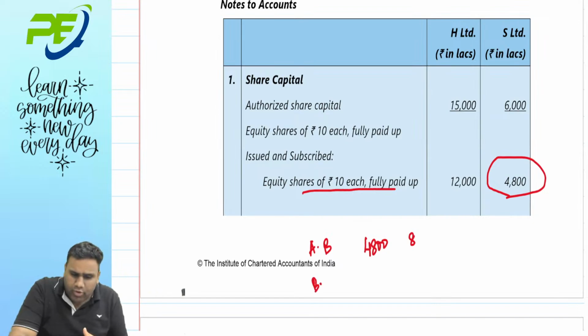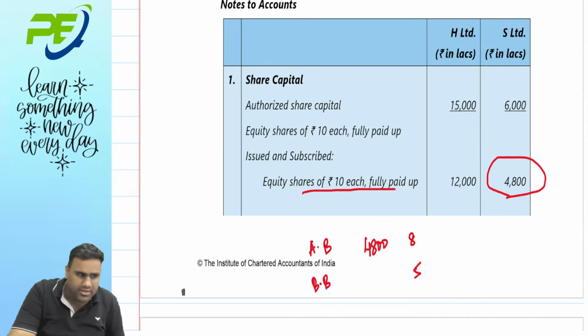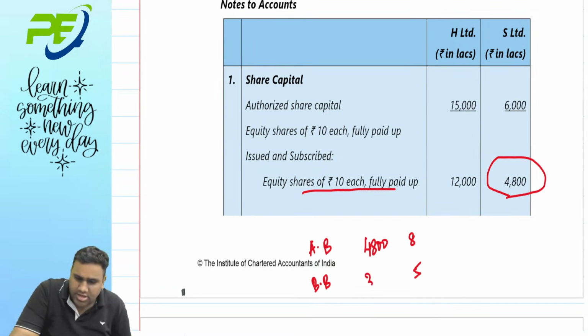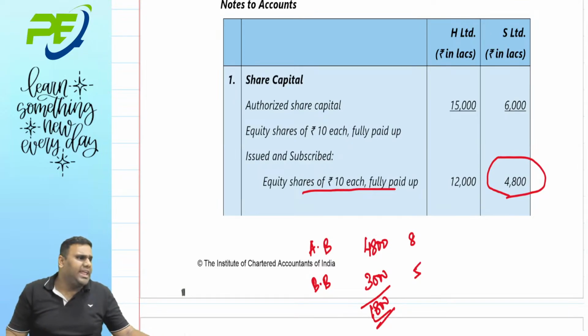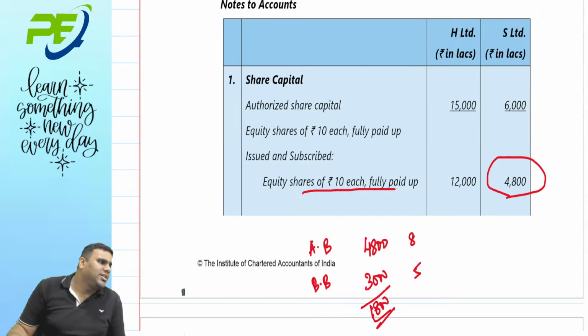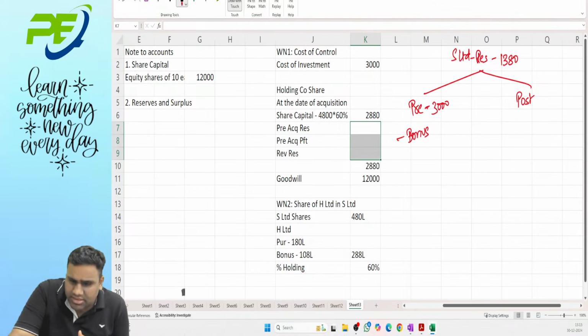So before bonus, how many shares are there? 5. Cross multiply, 3,000. So can I say bonus is 1,800? So minus bonus, 1,800. Should I subtract anything else?